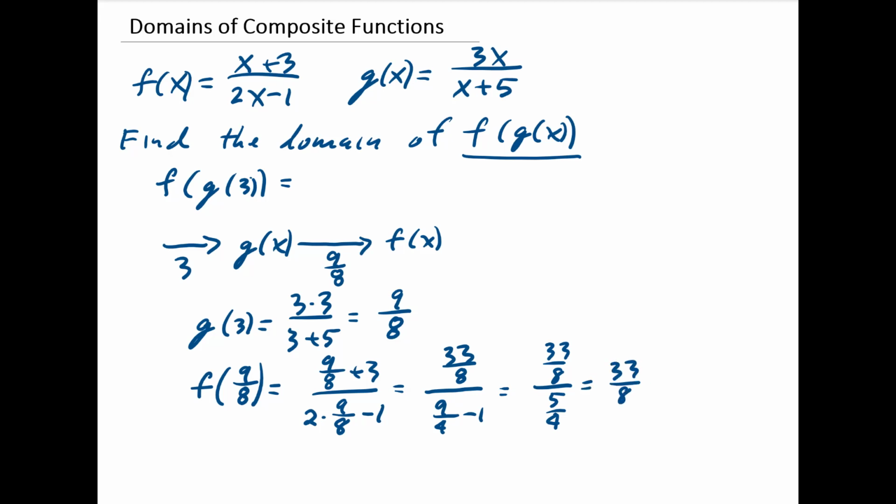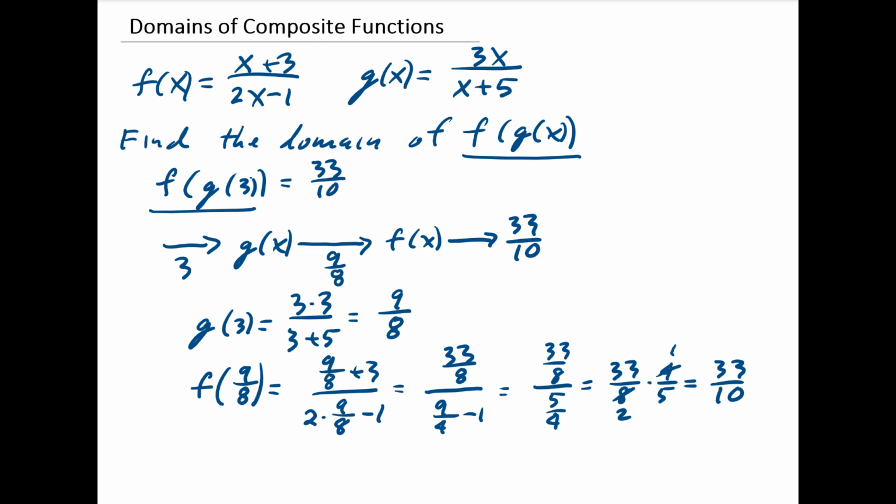So that's 33/8 times 4/5. And we can cancel the 4 into the 8, and we get 33/10. So out of f comes 33/10. So when we find f(g(3)), we get 33/10.